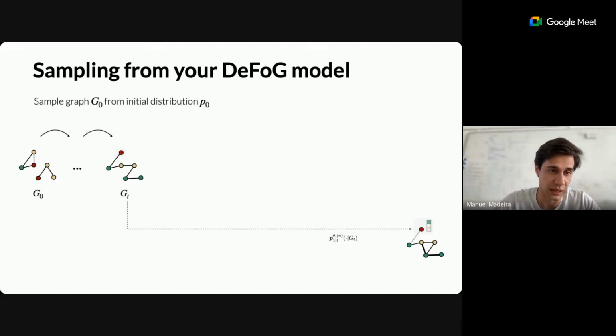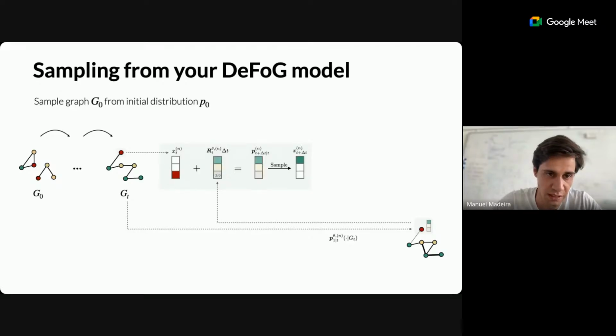I will exemplify for the case of the top node that is highlighted in light gray. Given the full graph, our transformer will predict a probability distribution for every node and every edge, but let's focus on the top node. Given this probability distribution, we are then able to design a rate matrix according to the closed forms that we mentioned before.